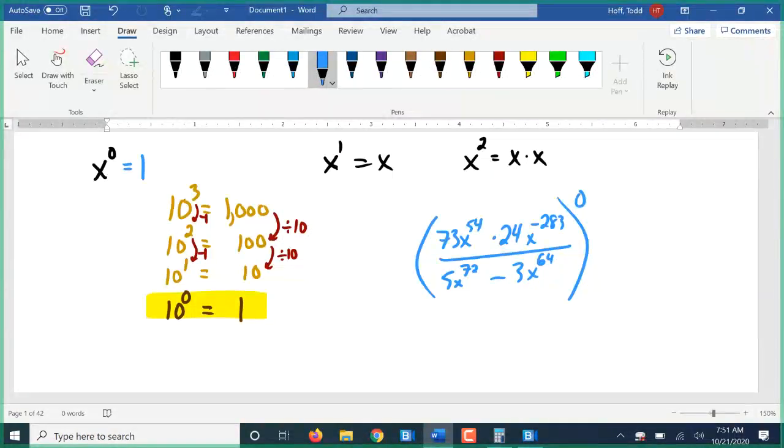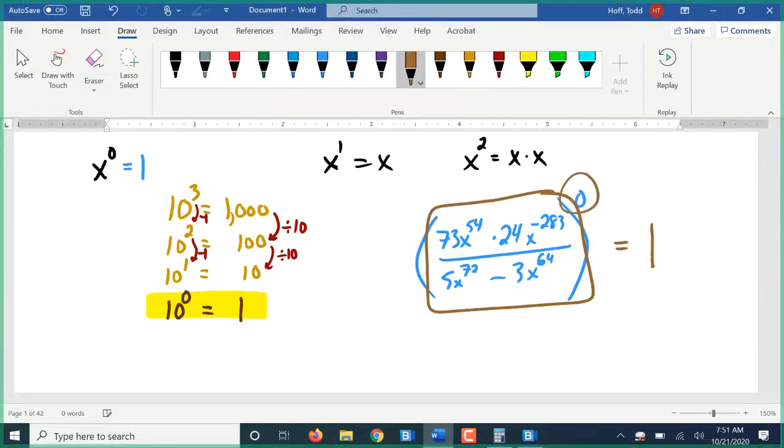What's that equal? 1. Because this is all to the power of 0. And anything to the power of 0 equals 1. I know that's not very nice, but anything to the power of 0 is 1, no matter how complex it is to start out with.